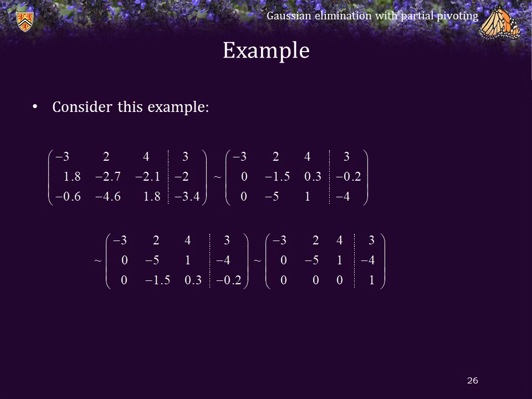Therefore, the original matrix is row equivalent to this matrix, and from this matrix we see there are no solutions, for the rank of the matrix A is 2, and the rank of the augmented matrix is 3. Thus, no solution exists for the augmented matrix in row echelon form, and therefore no solution exists for the original matrix either.